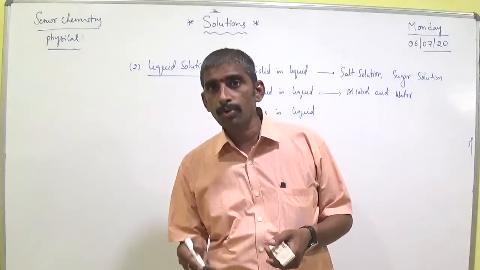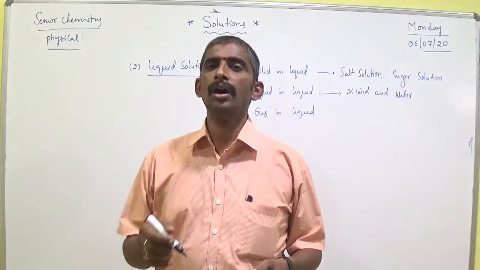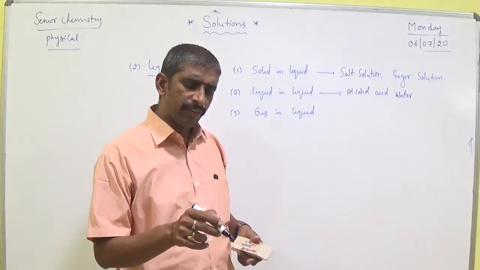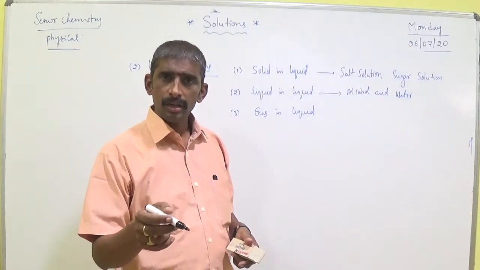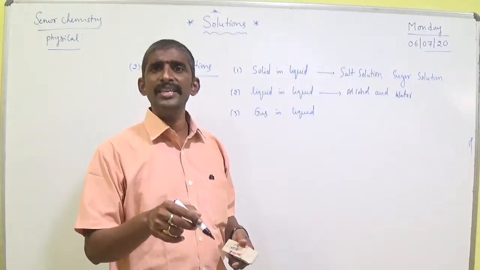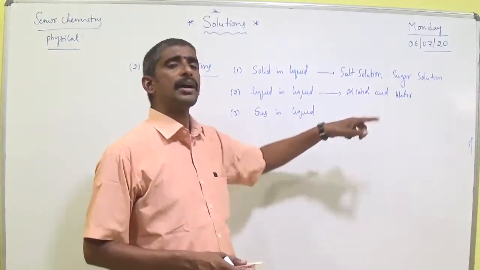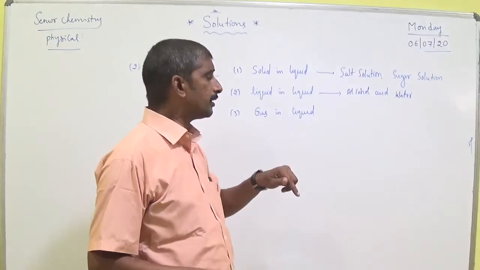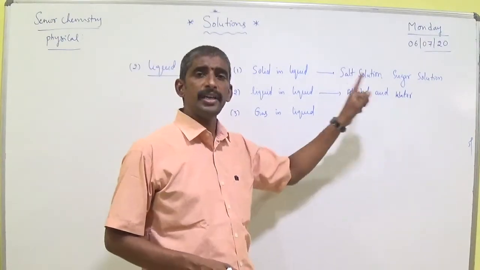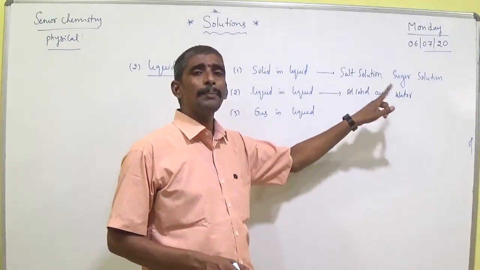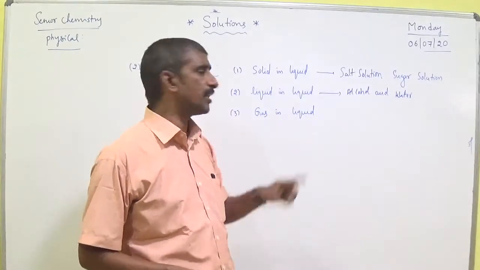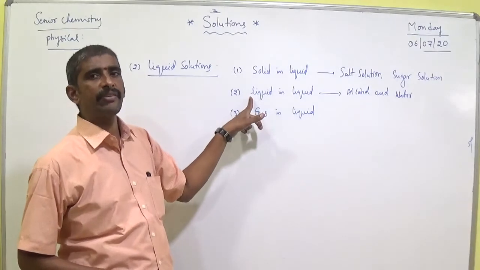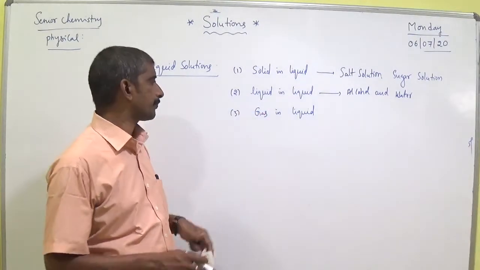Which type of hydrogen bonding? Intermolecular hydrogen bonding. Any compound having hydrogen bonds is easily soluble in water. So alcohol, containing a hydrogen bond, is easily soluble in water. Alcohol and water are the best example of a liquid in liquid type solution.